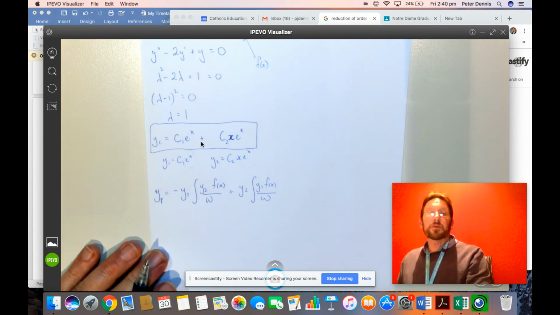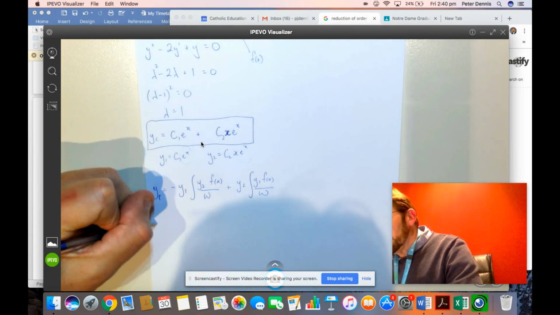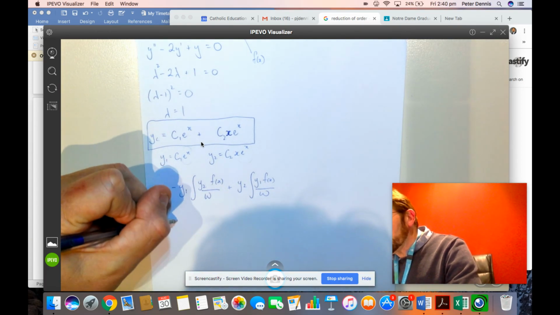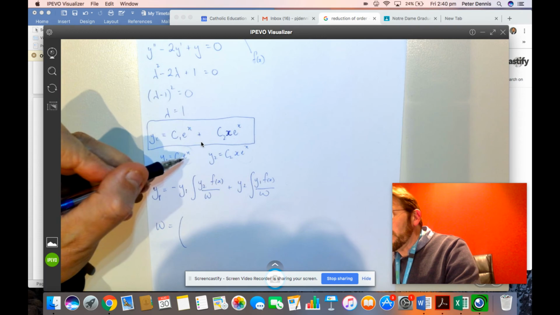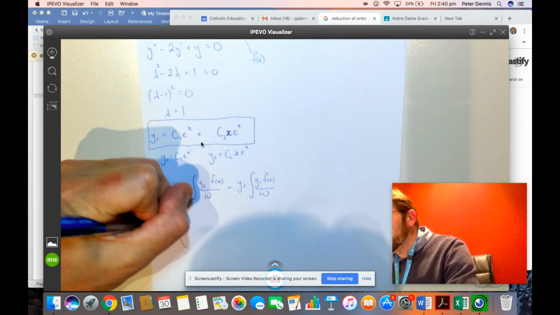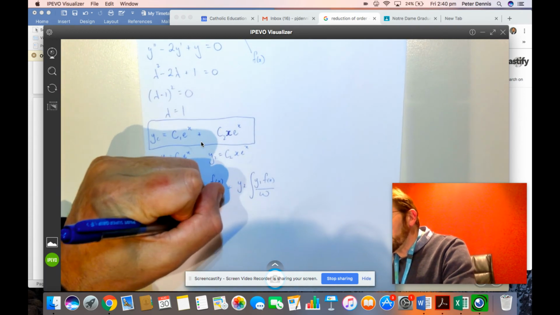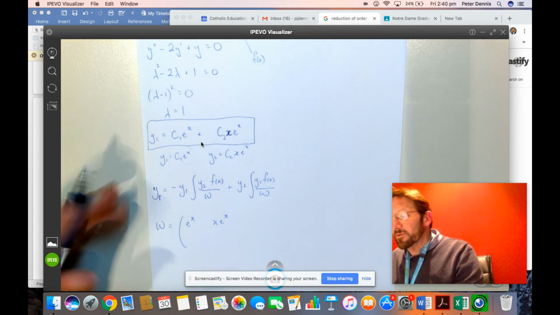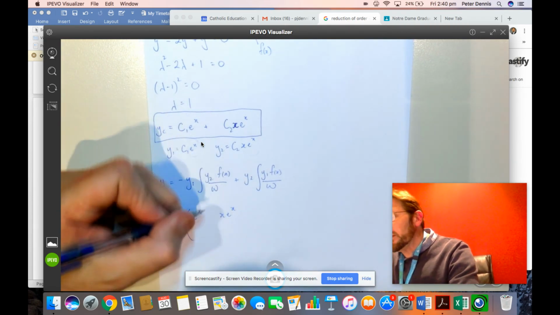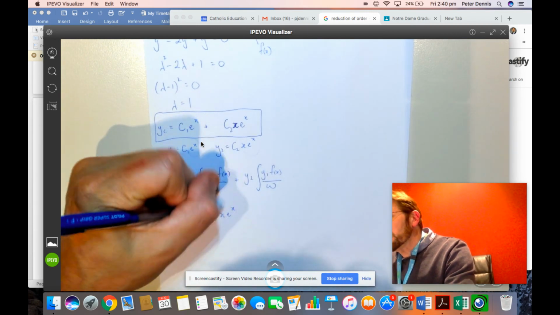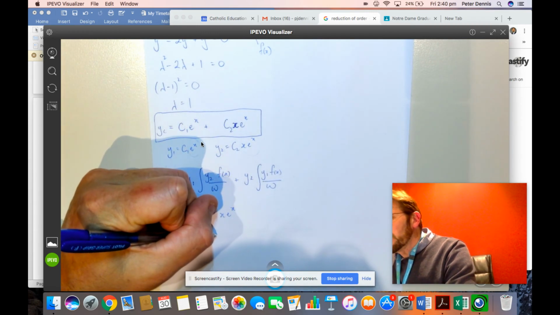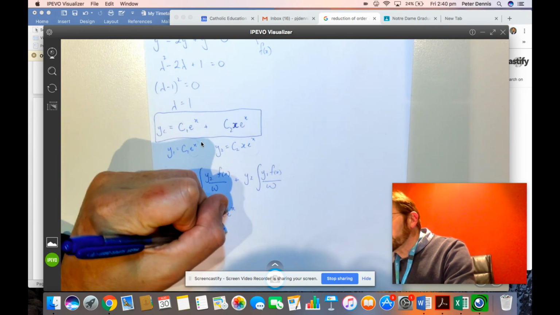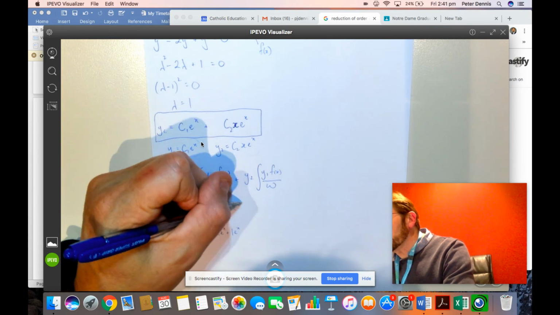So the first thing we have to work out is the Wronski. Now, remember, to look at the Wronski, it's our y1, e to the x and x e to the x, and the second line of it is going to be the derivative. What's the derivative of e to the x? e to the x. What's the derivative of this? Well, it's x e to the x plus 1 e to the x, because it's a product.